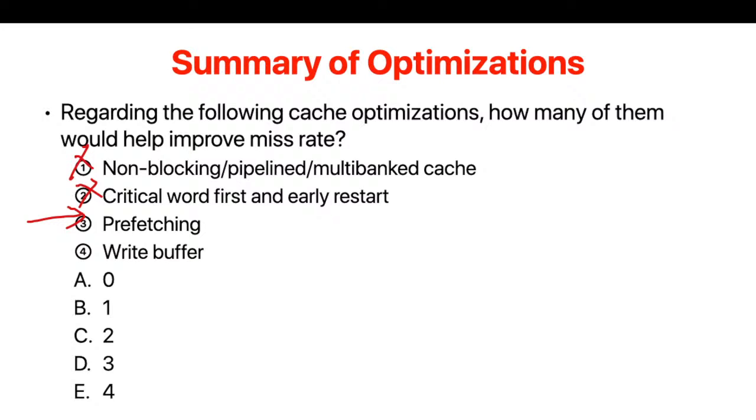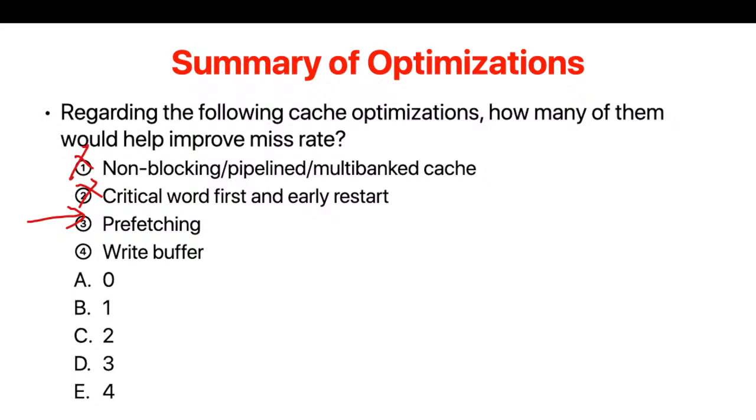How about write buffer? This one neither, right? So write buffer allows the write back to perform faster. But whether or not it will trigger a write back, or whether or not it will be a miss, that's not something write buffer can help with.